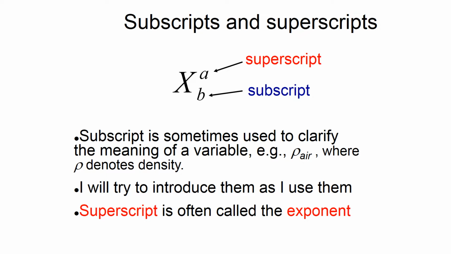I should say that the superscript, where it has a mathematical meaning, is sometimes called the exponent, and that just means timesing that variable by itself that number of times. It doesn't have to be a whole number of times, which is a little bit of an odd concept. So you can times something by itself 4.793 times, which is odd, but you can do it.